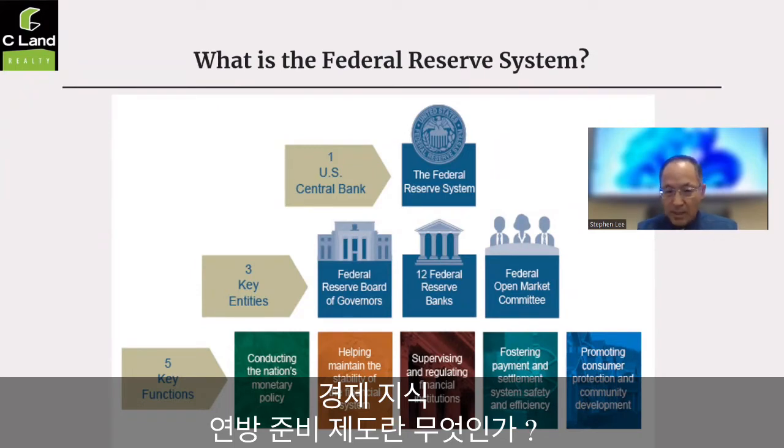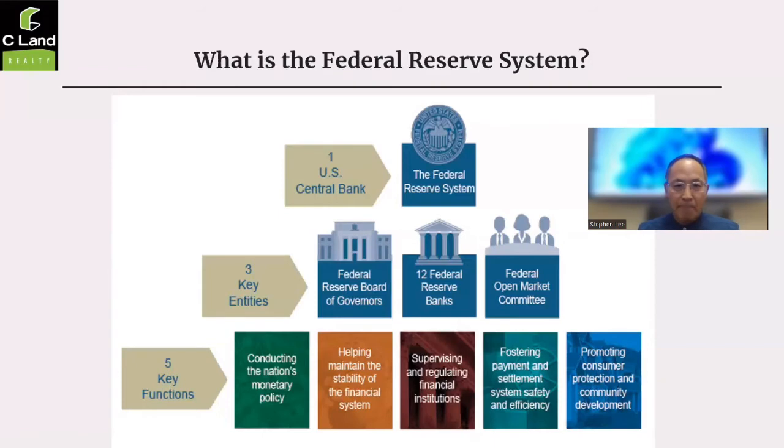And finally, promoting consumer protection and community development. So all these five categories are their five key functions. That is basically the Federal Reserve System. Sometimes we call it the central banking system, sometimes in shortened form, just the Fed, FED. That means the Federal Reserve System.